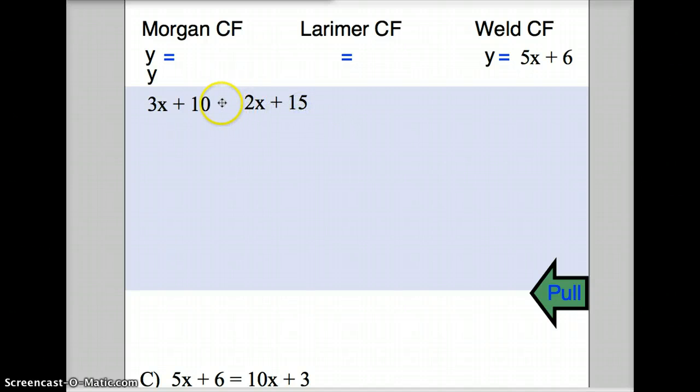Let me put an equal sign between those two. That's a really wimpy equal sign, so let me make it better so you can see it more clearly. There we go. That should make sense to you now.